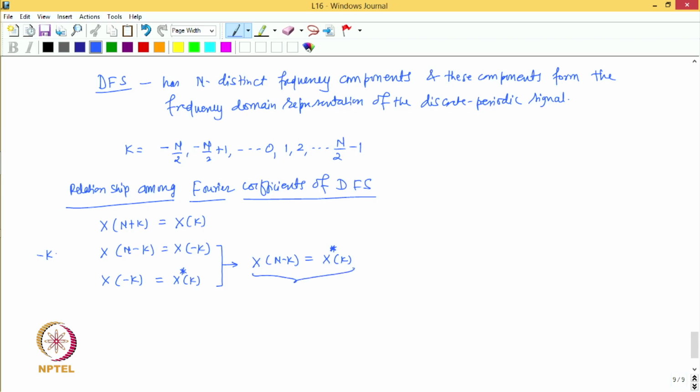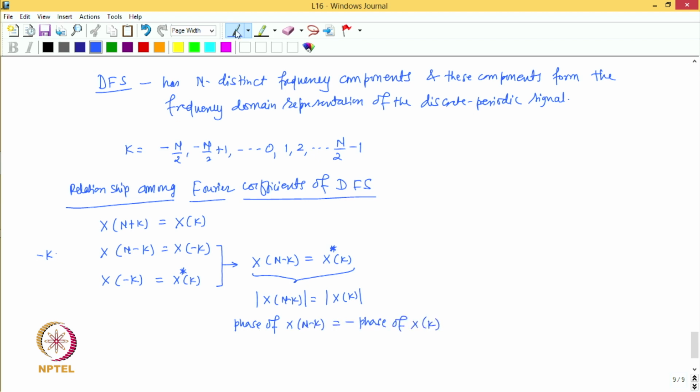This basically shows that the magnitude of x n minus k is the same as the magnitude of xk, and the phase of x n minus k is equal to minus the phase of xk.